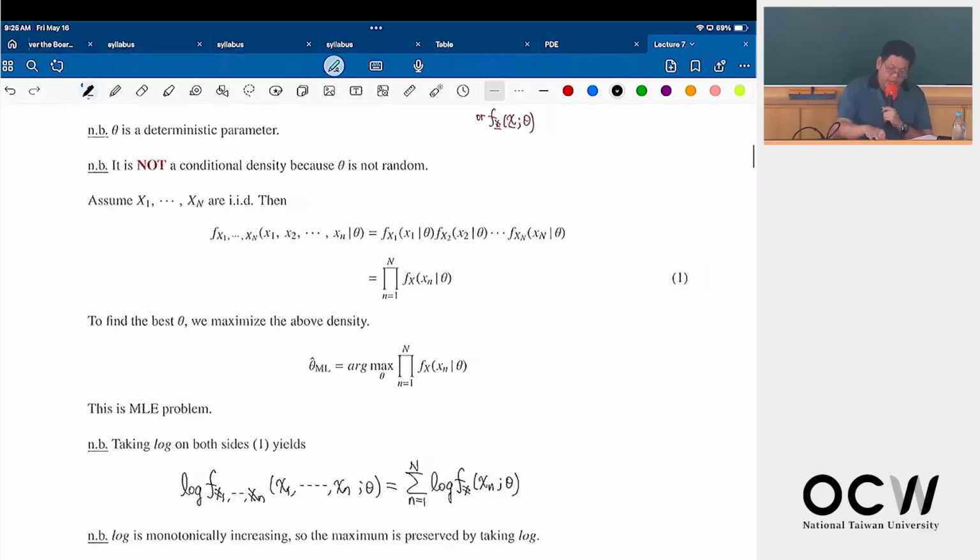Why can we take the log? Because log is monotonically increasing. So to find the maximum, the maximum will still be preserved. So we can take the log.